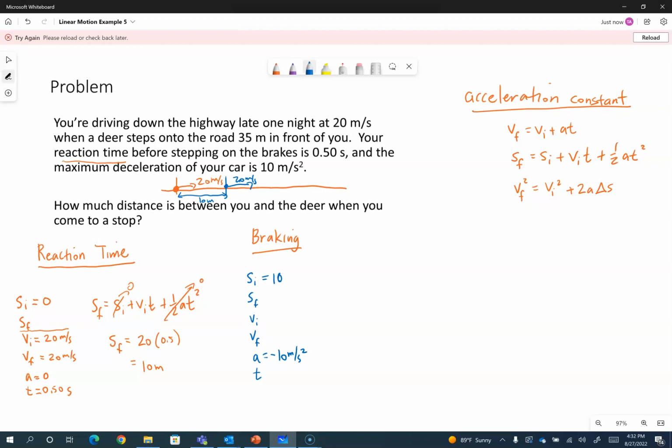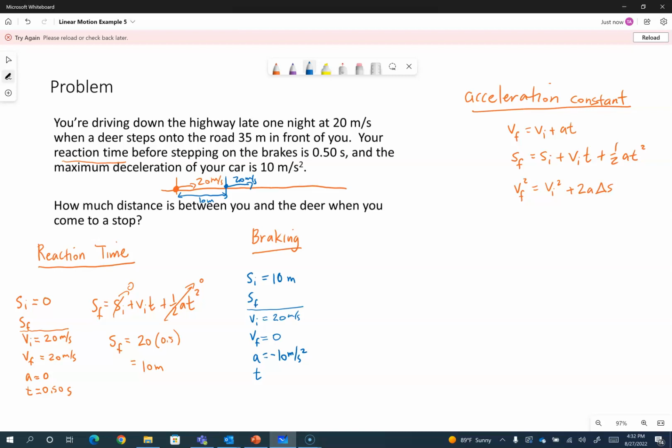We can say we are now 10 meters away from that location, and we can find this final position to then figure out how far away we are from the deer. Our initial velocity at the moment we step on the brakes is 20 meters per second. We know we are stopping, so V final is 0. Again, we want S final.